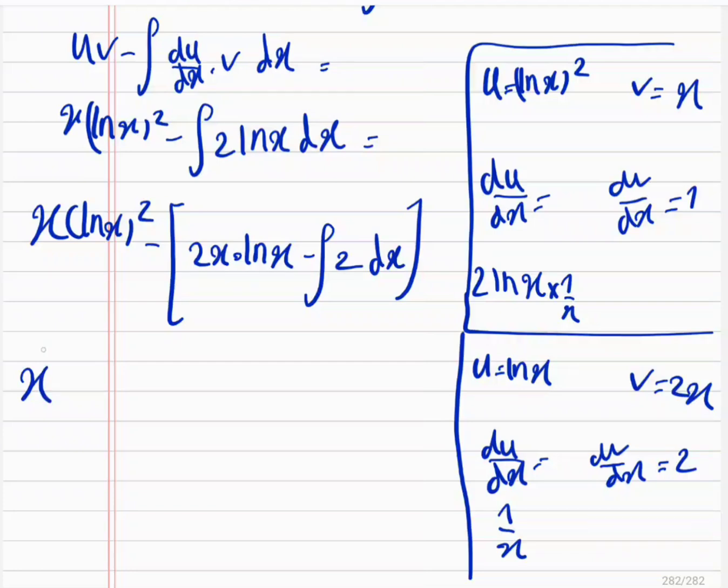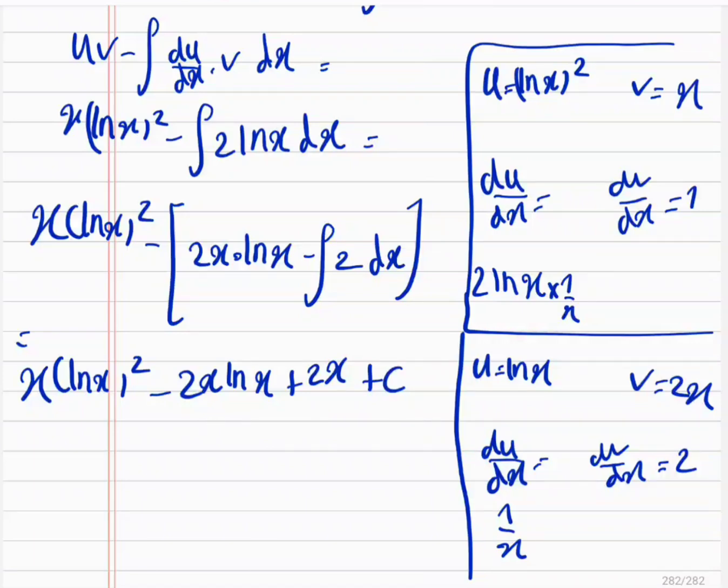So we have x (ln x) squared minus 2x ln x, and then 2 integrates to 2x, so we have minus 2x, but with the other minus, that makes it positive 2x plus c. So at the end, we'll have x (ln x) squared minus 2x ln x plus 2x plus c.